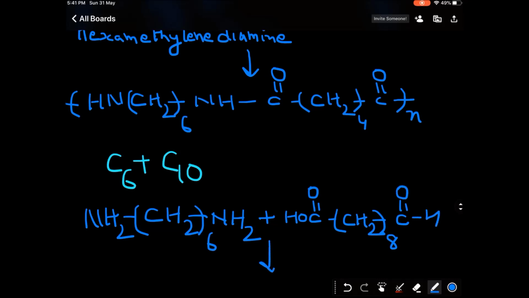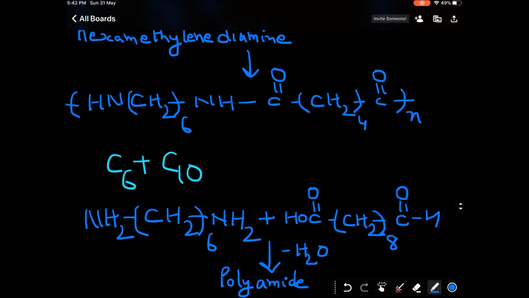When you heat them, there will be a loss of water molecule. Now you can write the structure in the same way as before. So a polyamide polymer is formed, which is called nylon 6,10. Why polyamide? If you look at this bond, it is called an amide linkage. That is why the name polyamide.